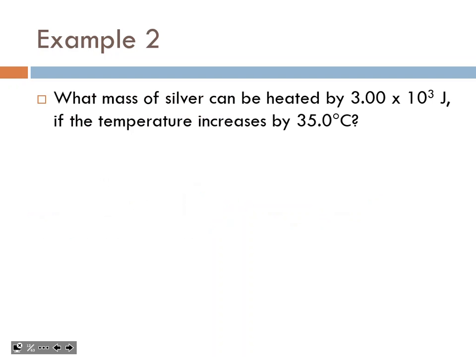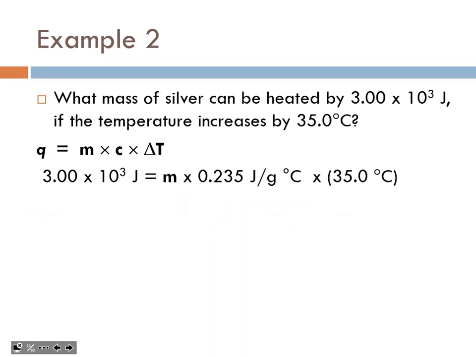For this example, what mass of silver can be heated by the 3,000 joules there if the temperature increased by 35 degrees. So once again, you would set it up. But in this particular case, the mass is the one that's missing, and that's what you would solve for. You would use your algebra to solve for it.